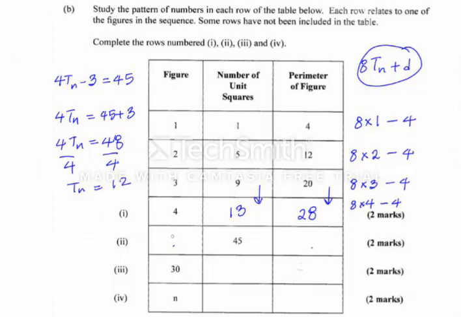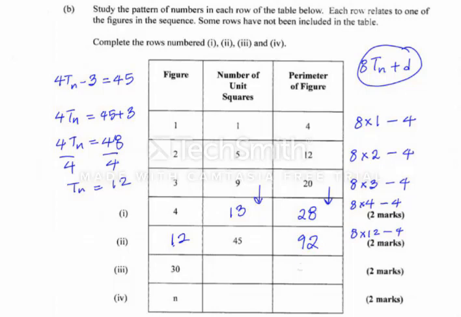So this is the 12th term that gives a middle value of 45. Over here it would simply be 8 times 12 minus 4. 8 times 12 is what? 96. 96 minus 4. The value here would be 92.